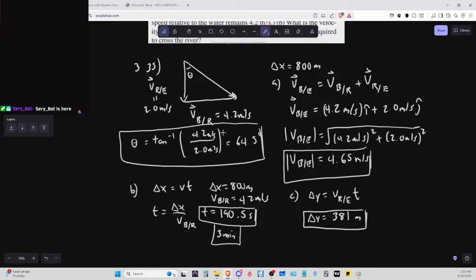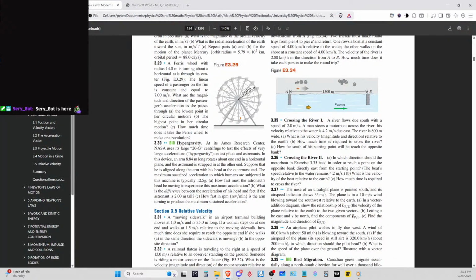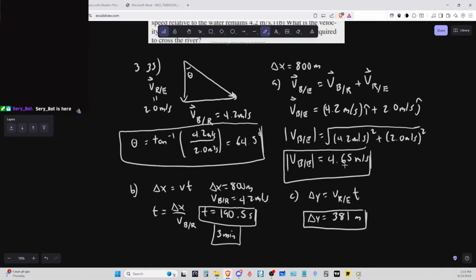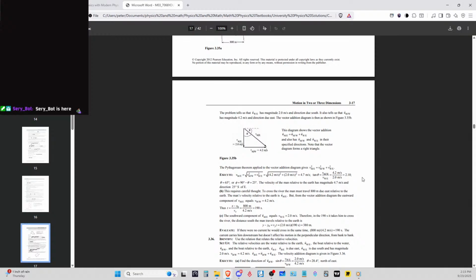All right, so for this one, and yeah, we got close to that. It's like 468. And then the angle, so let's see, tangent. Yeah, so they did it this angle.